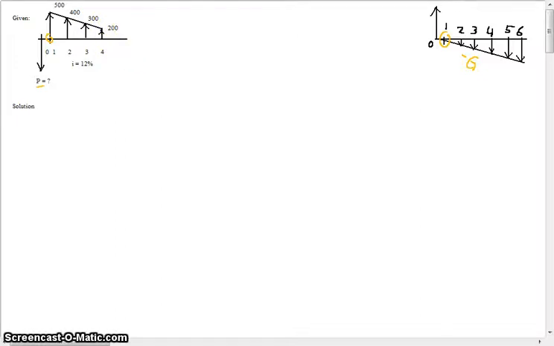Let's take a look. What we can do is break this out into two sections again, just like we did with the last problem with the positive gradient.